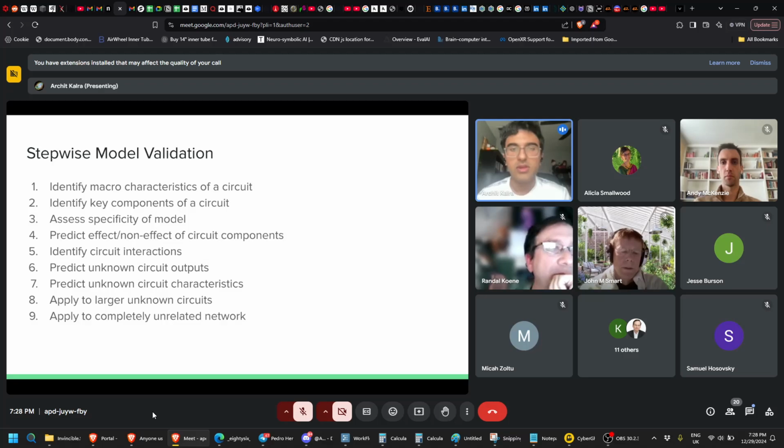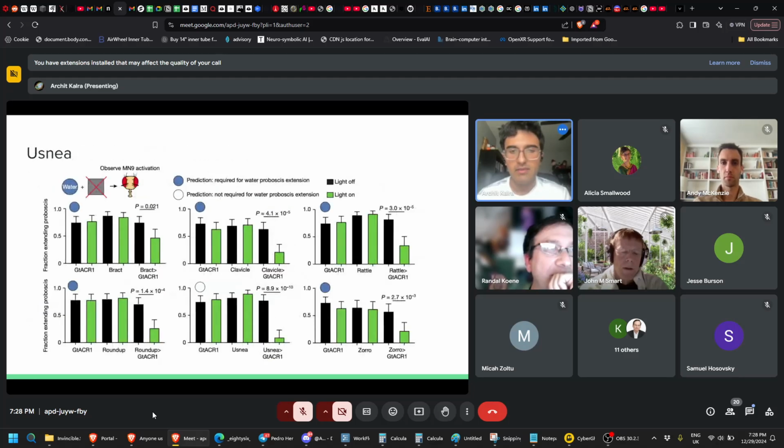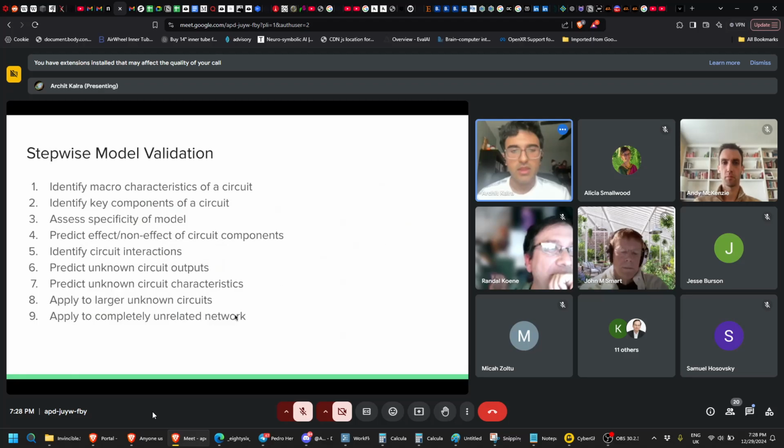Then you go overall to unknown circuit outputs, such as the ones that we did with the IFR neuron, and then focusing on unknown circuit characteristics, larger unknown circuits, and then completely unrelated networks. So essentially steps 7 to 9 are future steps that this study and other studies are actively working towards identifying, right?